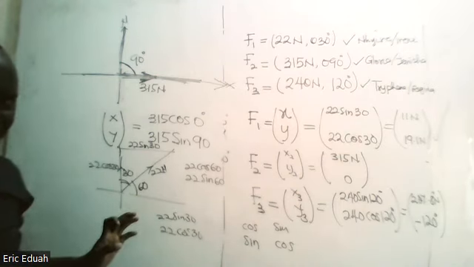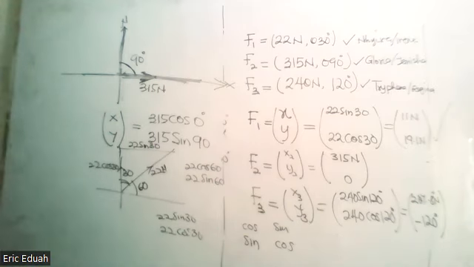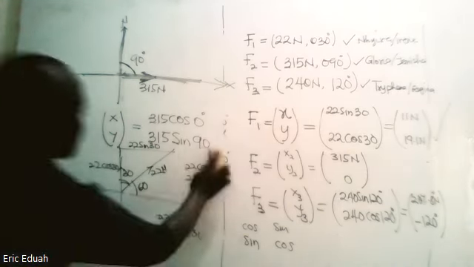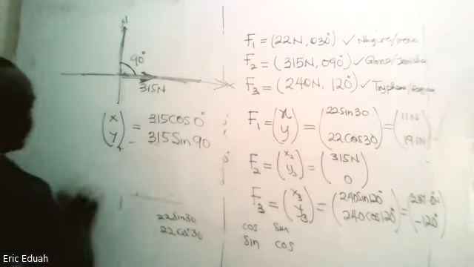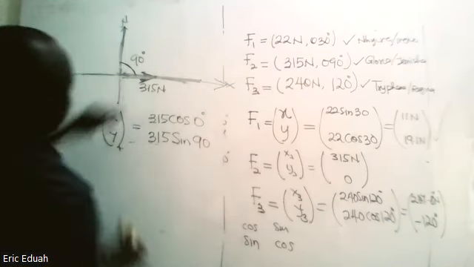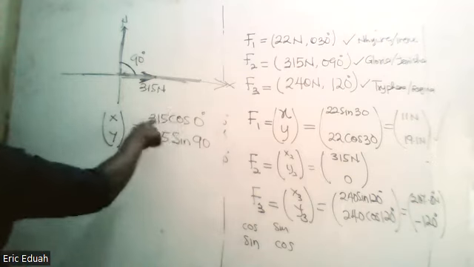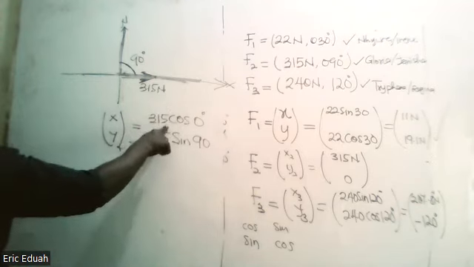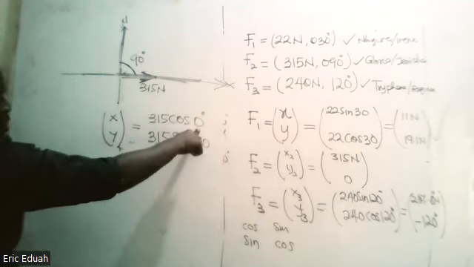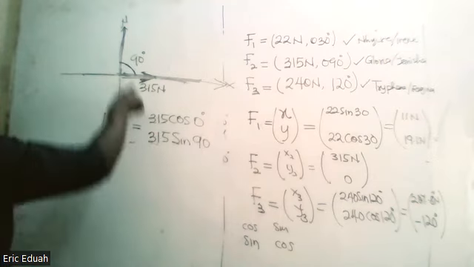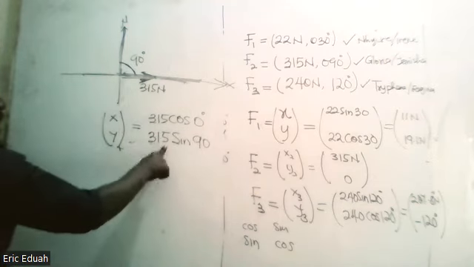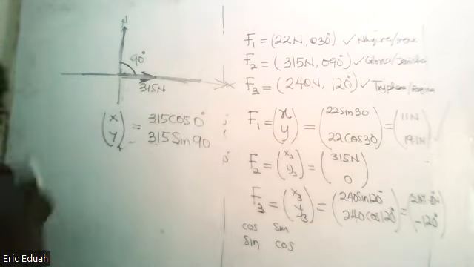Good. So here, because I'm considering the angle the force makes with the x-axis, I have 315 cos 0. Then the angle it makes with the y-axis, 315 sine 90.